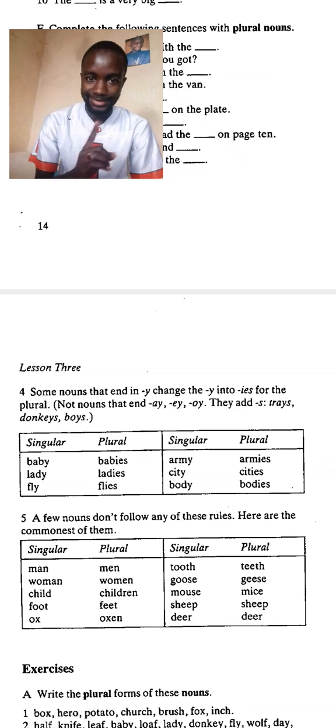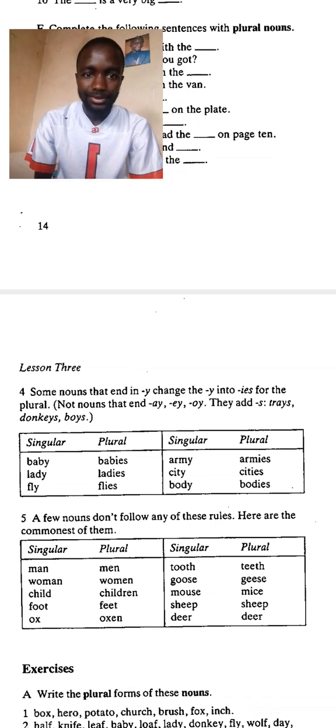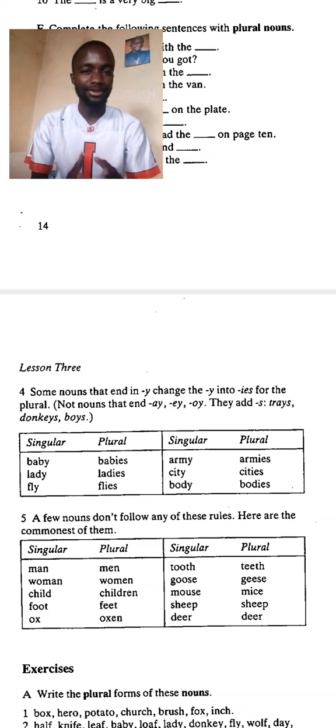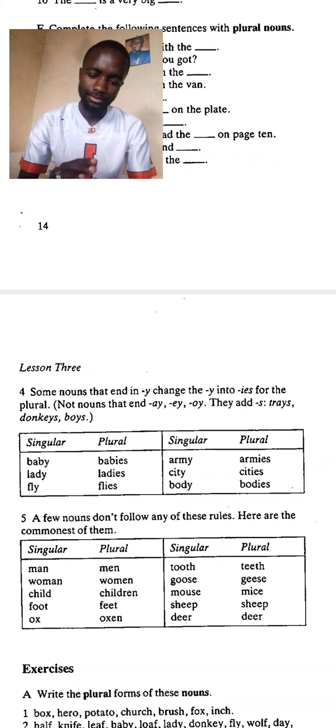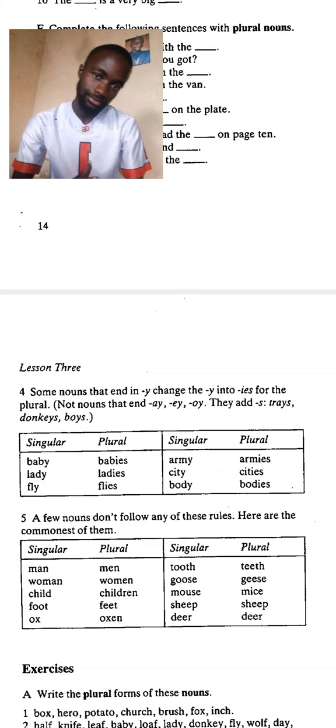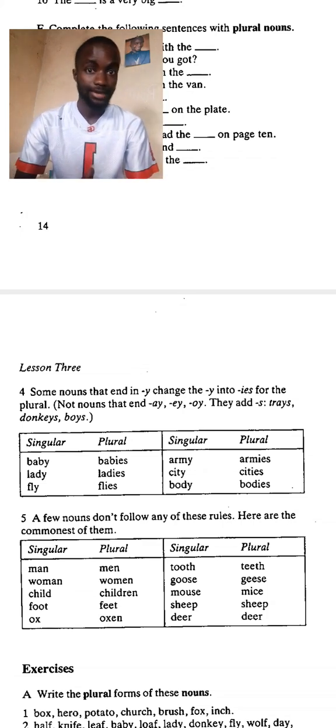They add S. Example, trays, donkeys, boys. Listen, this book is very, very powerful. The reason is because it gives you deep information, but at the shallow level of explanation. Yes, I mean, it gives you very important information at a very shallow level of explanation.